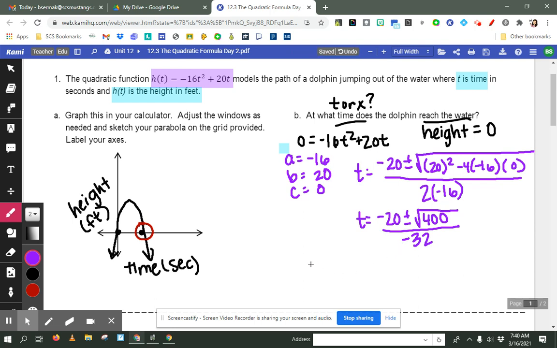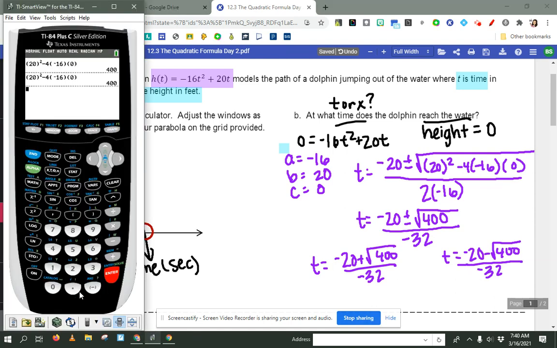So now I can split this. t is going to equal negative 20 plus the square root of 400 over negative 32, or t is going to equal negative 20 minus the square root of 400 over negative 32.